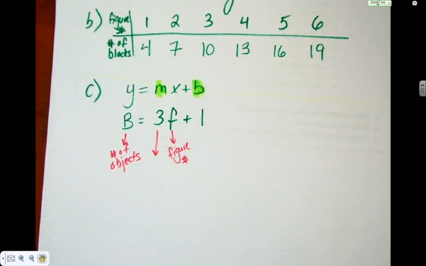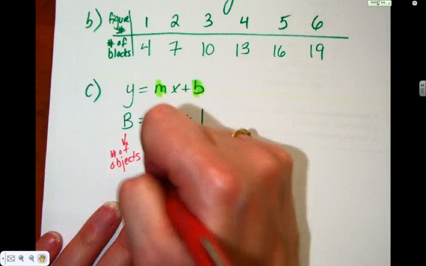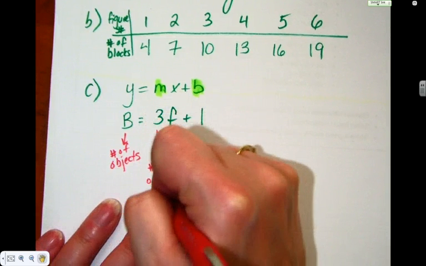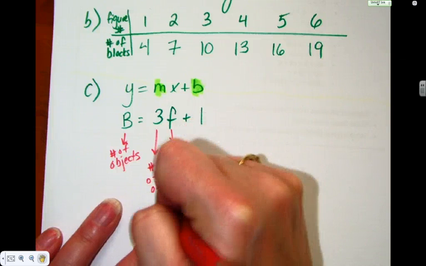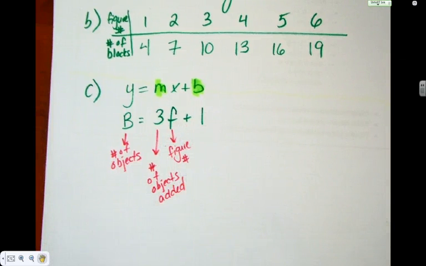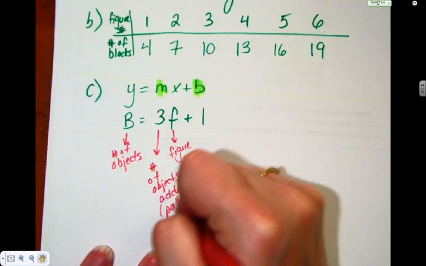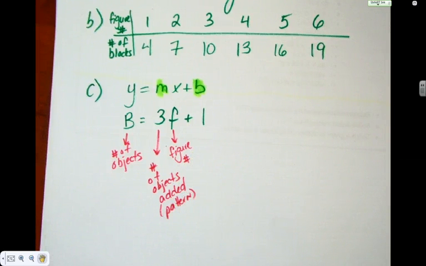The coefficient of F is always going to be the number of objects added. And that's really just the pattern. That's why we did A first, so we could analyze and say, well, what is the pattern? And A leads us to know that it's 3.